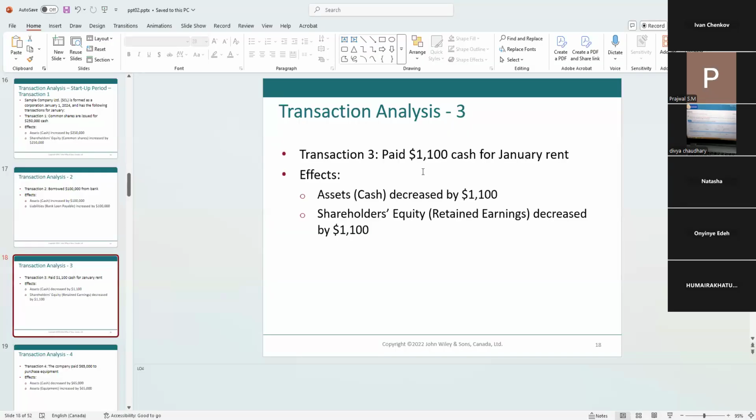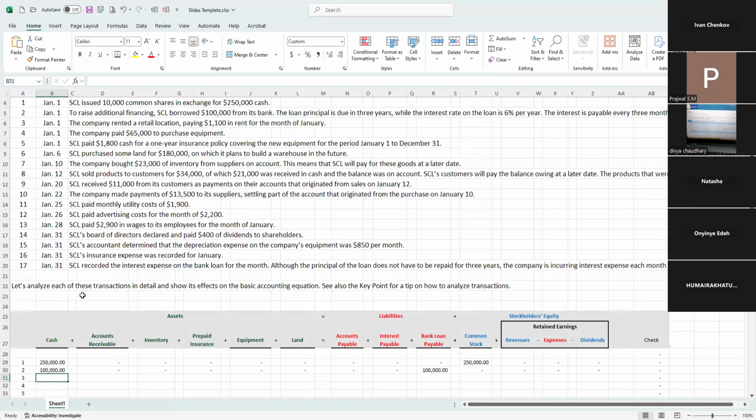Now the company needs a place to operate, and they pay $1,100 cash to rent a space. Let's see how we're gonna deal with this. So the company rented a retail location, paying $1,100 rent.